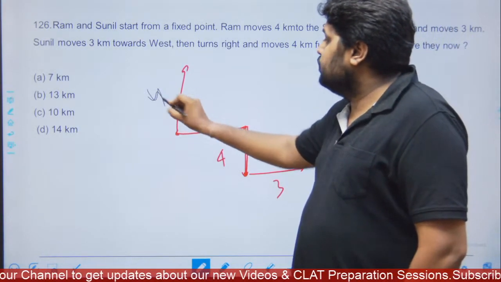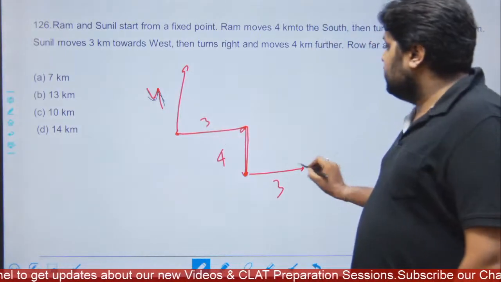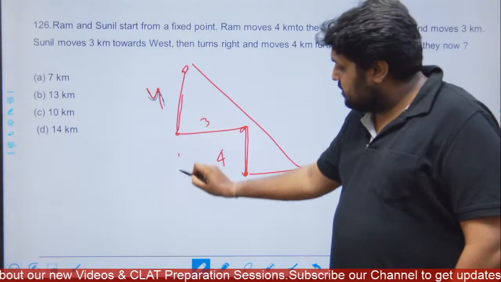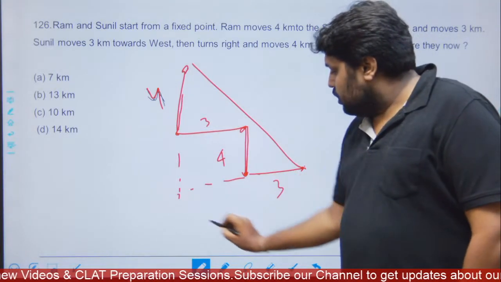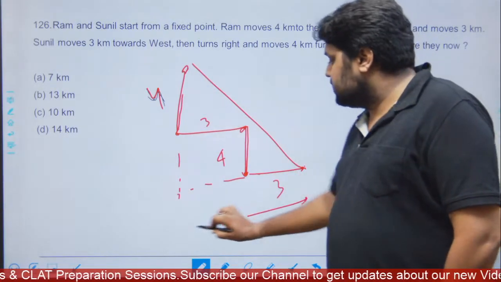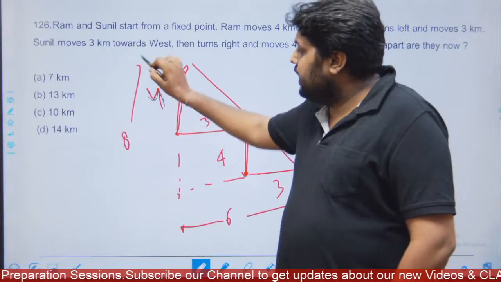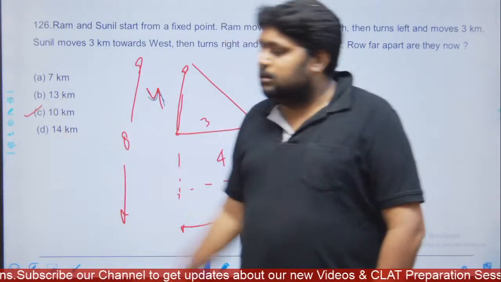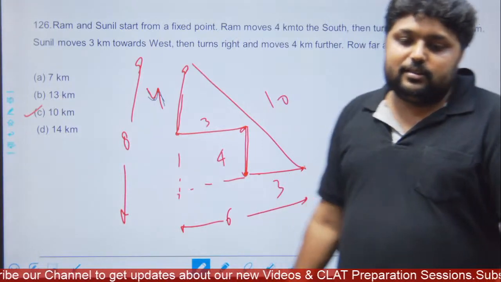This is the final position of Sunil and this is the final position of Ram. You have to calculate this distance. Just take the horizontal distance, that is 6, and the vertical distance, that is 8, and apply the Pythagoras theorem. 10 km will be the answer. So the answer of this question will be option C.